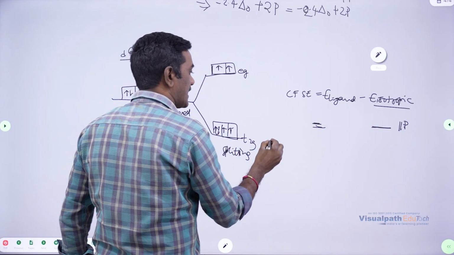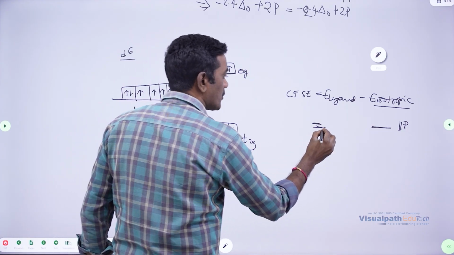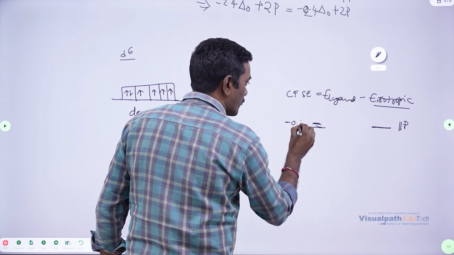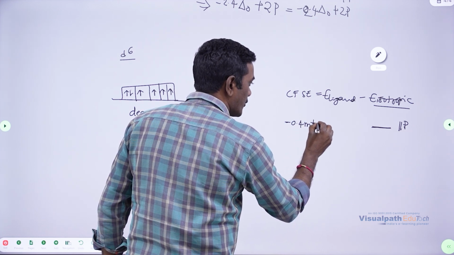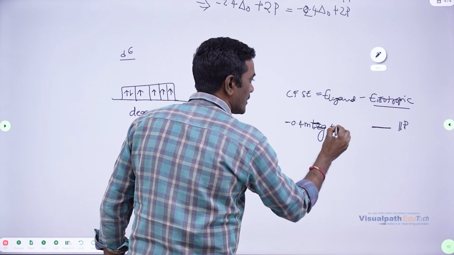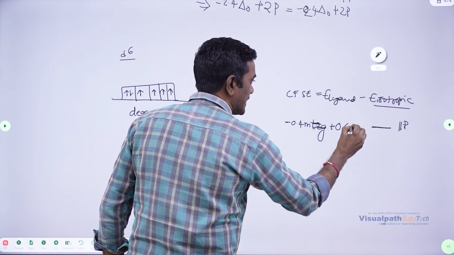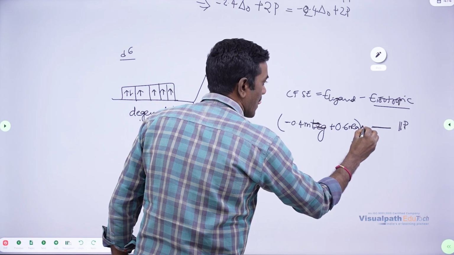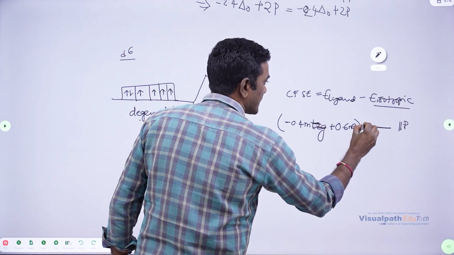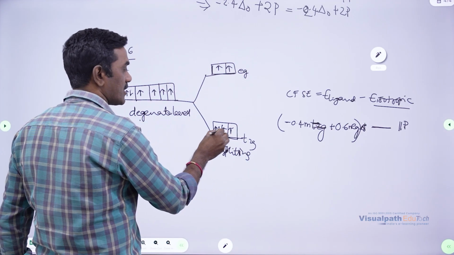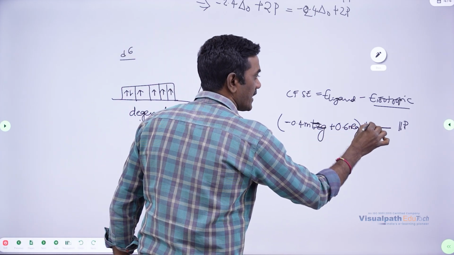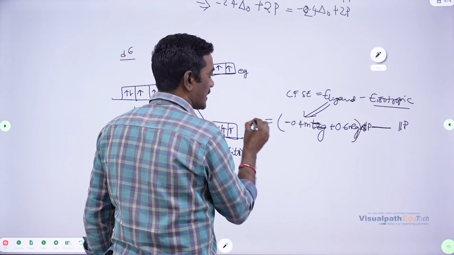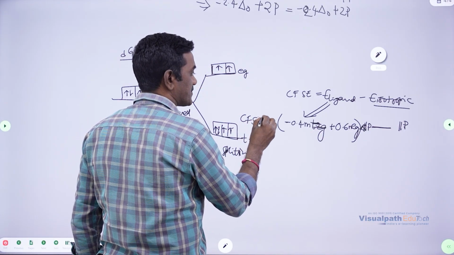Now for E ligand, I already told you this is going to be minus 0.4 m t2g plus 0.6 n eg delta naught, plus how many pairs are there now? Here, one pair. This complete E ligand will come into this formula, and this is going to be the CFSE.